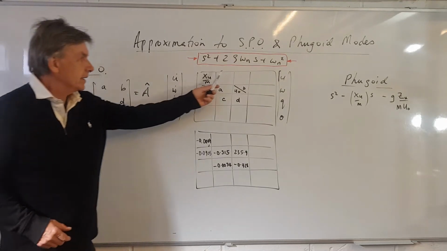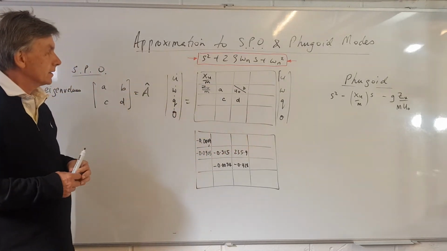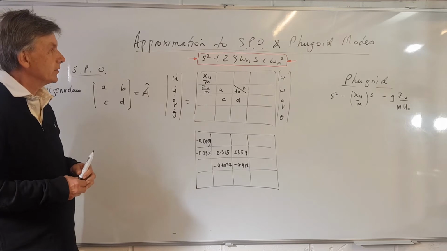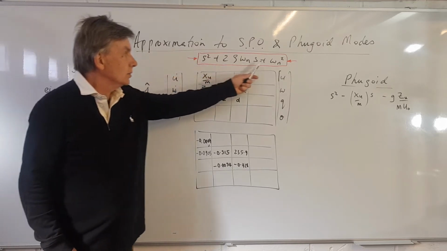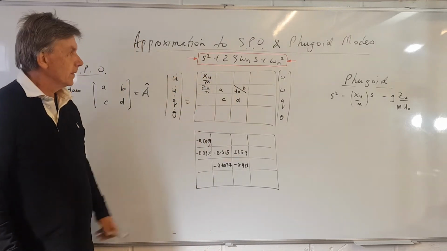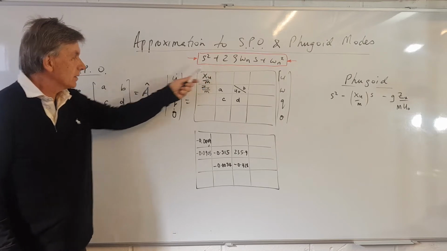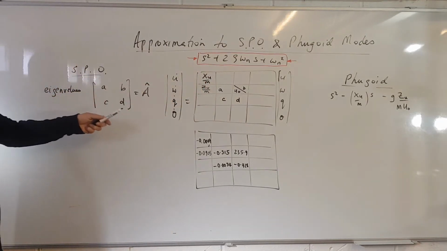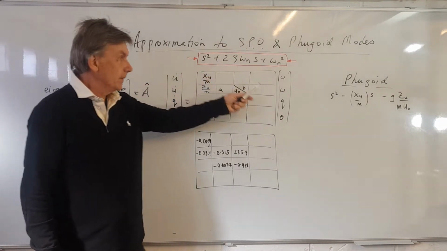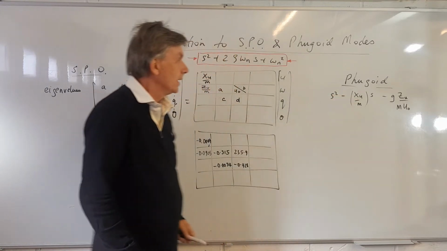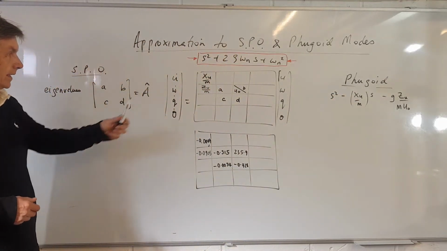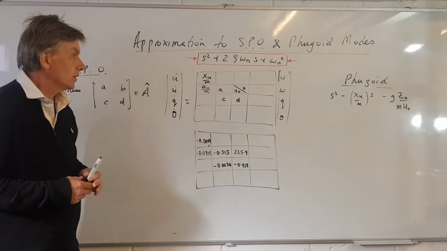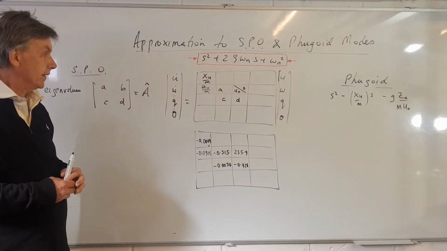This 4x4 matrix contains two second order modes. One is the SPO mode, and the other is the Phugoid mode. To extract these from a 4x4 matrix, we could work out the eigenvalues.